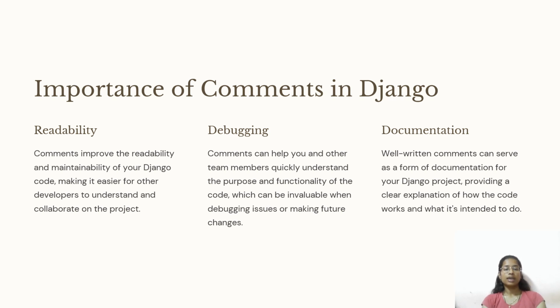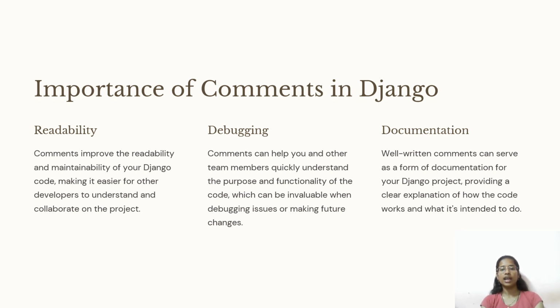So the next is importance of comments in Django. The first is readability, in which comments improve the readability and the maintainability of your Django code. It makes it easier for other developers to understand. By the time they see the code, they can easily identify what the code is and how to collaborate on the project. And the next is debugging.